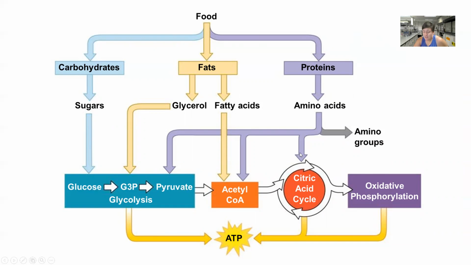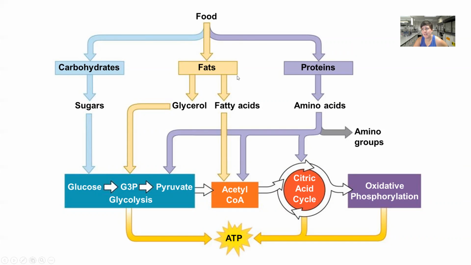But that's not to say that carbohydrates, like sugars, like glucose, are the only organic molecule that can generate energy, obviously. We consume a lot more than just sugar, most of us at least. We consume also fats and proteins. And fats and proteins can also be utilized via pathways in cellular respiration to generate energy.